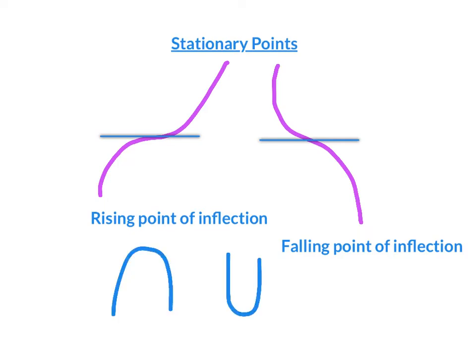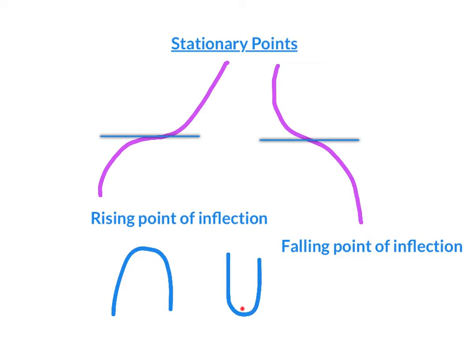Now I've just sketched here a couple of parabolas underneath to illustrate the maximum turning point and the minimum turning point. Now on a maximum turning point, just before the turning point, the curve is increasing, and just after the turning point the curve is decreasing. For a minimum turning point, just before that point it's decreasing, and just after that point it's increasing.